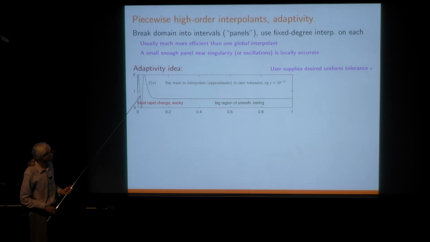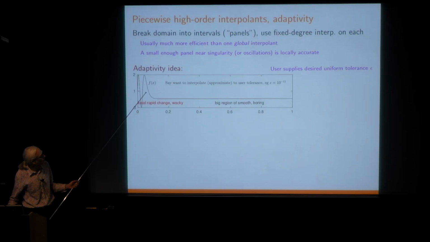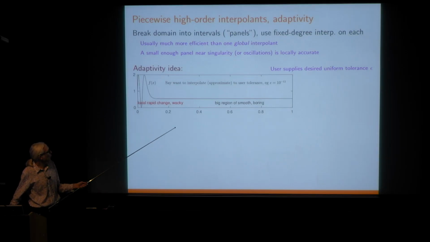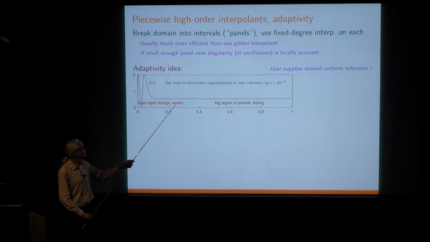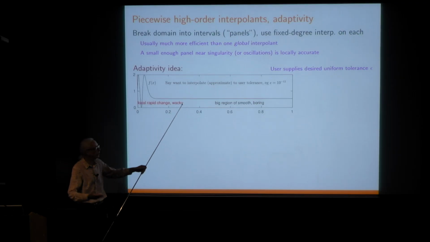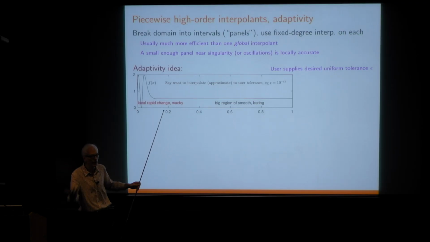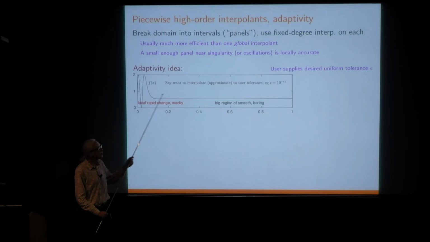And then what happens is your code or somebody else's code starts trying to apply a global interpolant to this function. And let's say it says, okay, I've tried n equals 8. I've tried n equals 16. It's just not working.